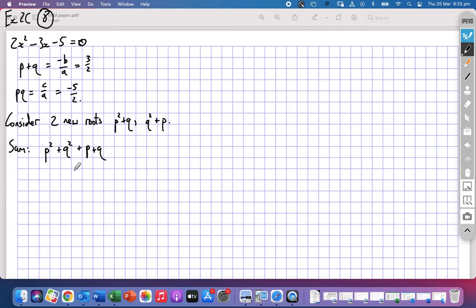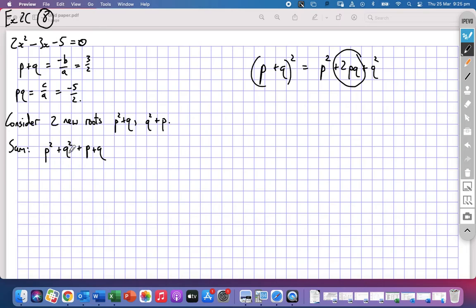And if I want to stick to this method that I'm adopting here, I know what p plus q all squared is, p squared plus 2pq plus q squared. That's pretty close to p squared plus q squared, but we've got this extra bit here, right?